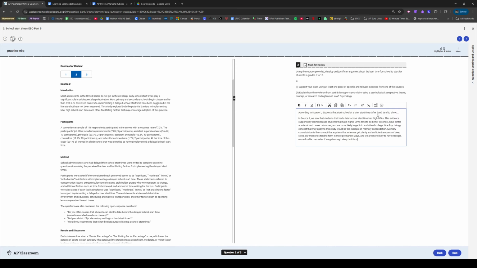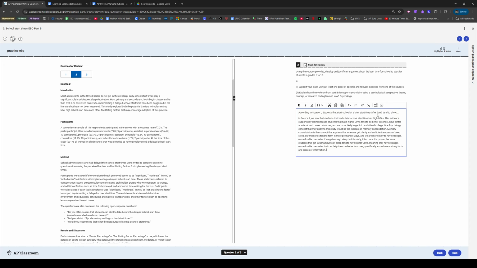In this study, this concept is proven because students that get larger amounts of sleep tend to have higher GPAs, meaning they have stronger, more durable memories that can help them do better in school, specifically around memorizing facts and pieces of information.